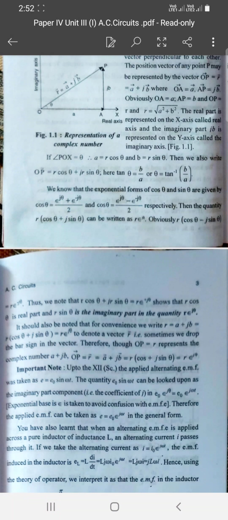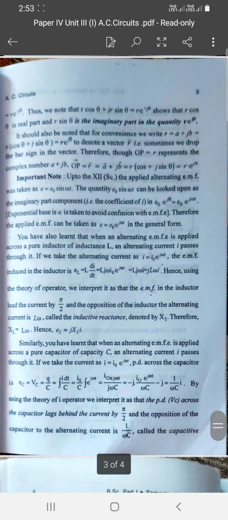Hence, theta is simply equal to tan inverse of B upon A. It is the relation between the numbers A and B and the angle between OP bar and OA bar. In order to clear the ideas of the imaginary part and the real part, this graphical representation is very important.